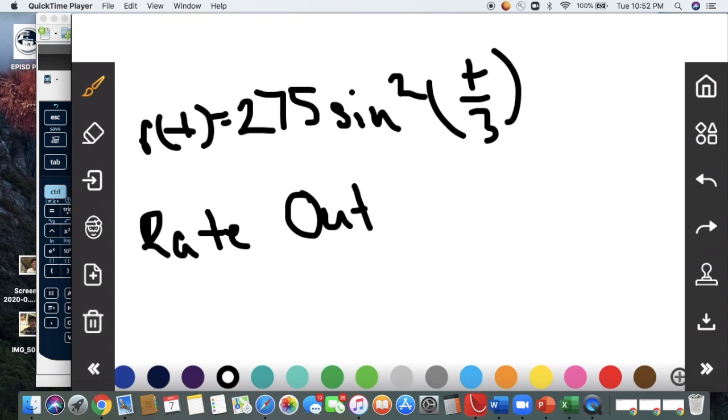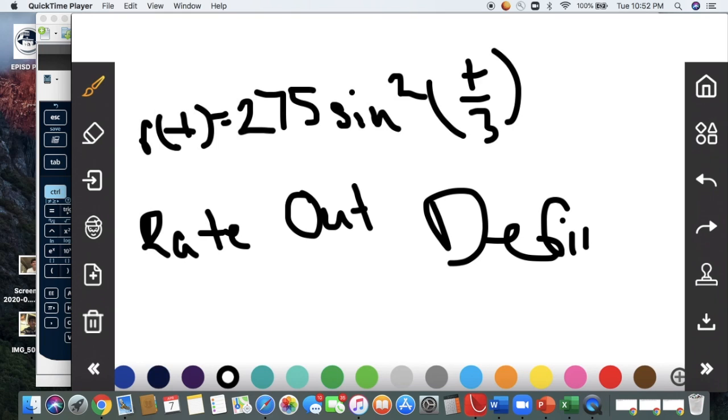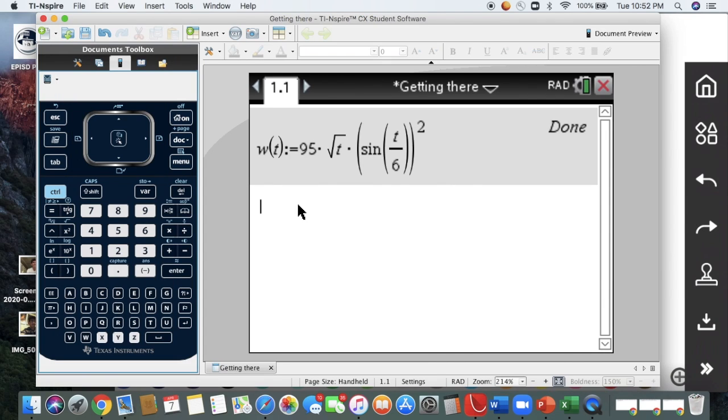And remember, you're going to define this so that it's easier to deal with instead of having to retype it. So same thing, you're going to have to rewrite it so that the calculator can understand it.